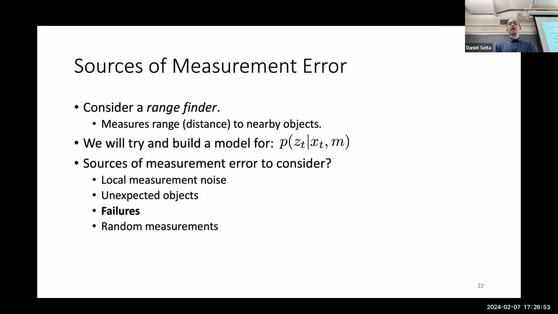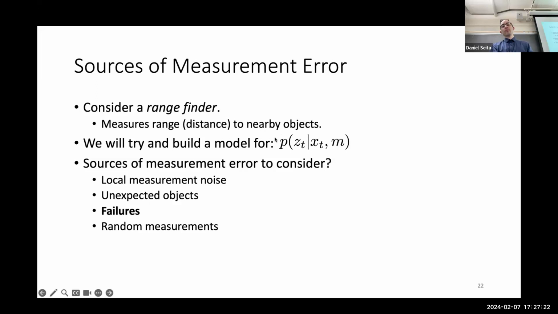We're going to assume that our robot is using that rangefinder, but it's just an example sensor. And the way it works is it just tries to measure the distance to nearby objects. So your sensor will point somewhere, and then it gives you a single number that says, here's the distance from here to something.